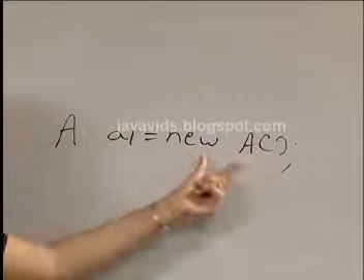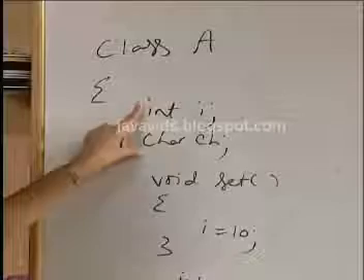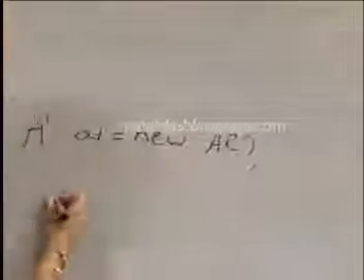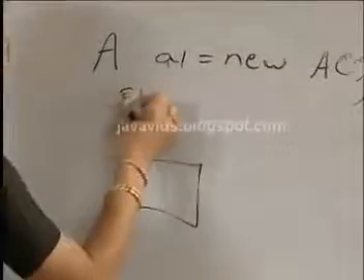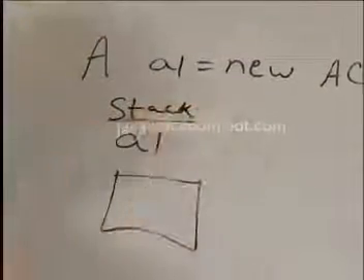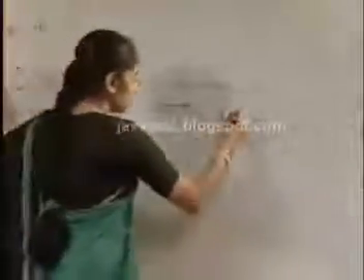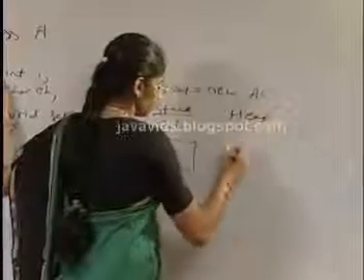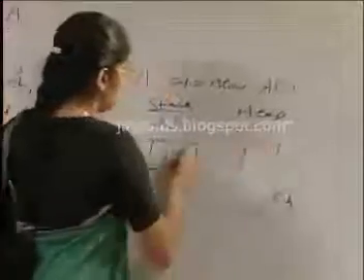When you create an instance of a class, memory is allocated for the variables that are defined in the class. So this A1 gets memory on what is called the stack. When you say new A, memory is allocated for these variables on the heap memory, and this A1 would be pointing to this heap memory.